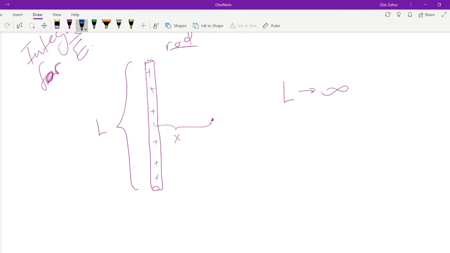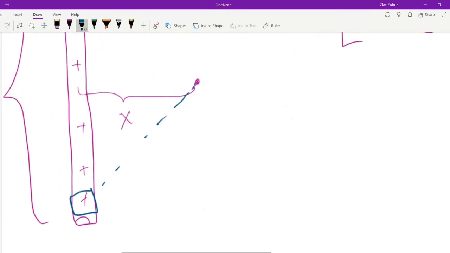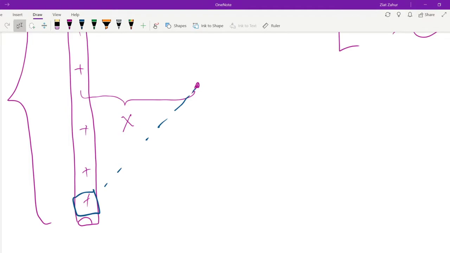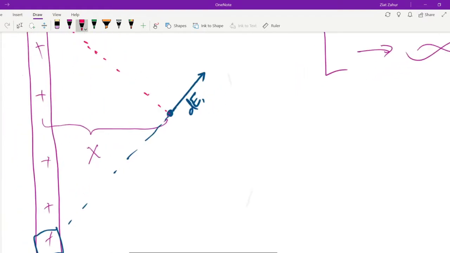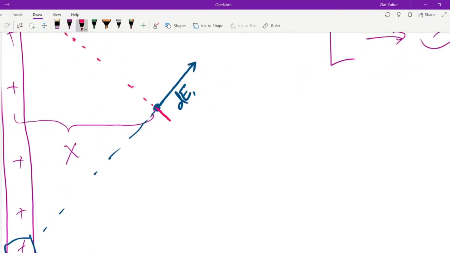Each infinitesimal dq will apply its own electric field. The dotted line represents the line of action, but the actual electric field would be along that line, starting from the dot itself. This is dE, we'll call it dE1, and then the next one and the next one. You draw a line connecting the two points, and starting from the dot, go away in that direction.